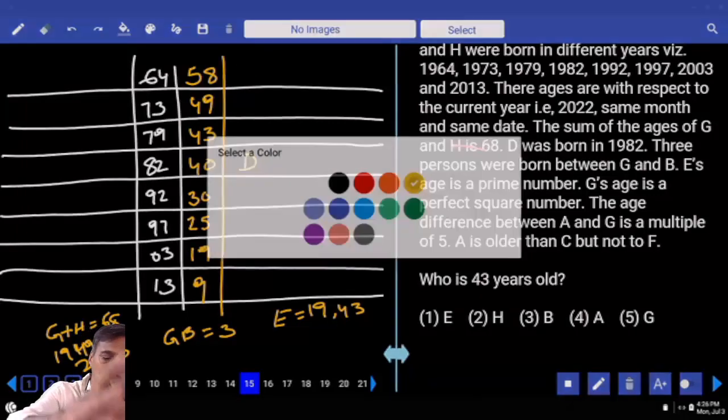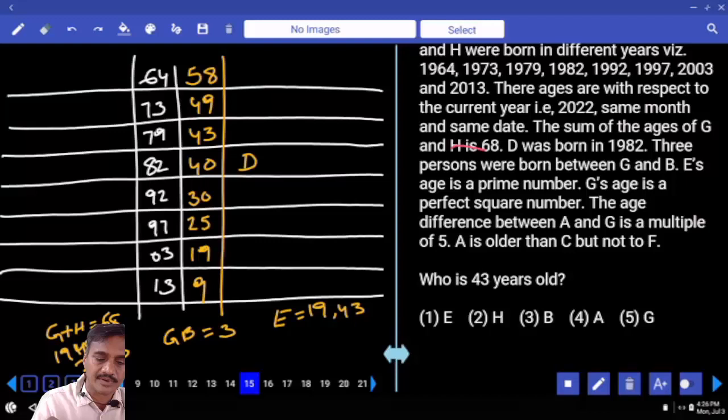Now, can we have G at this place, G 25 years? And if G is here, G and H is 68. If G is 25, H will be how much? H will be 43. Then if H is 43, E will be 19 in this case.